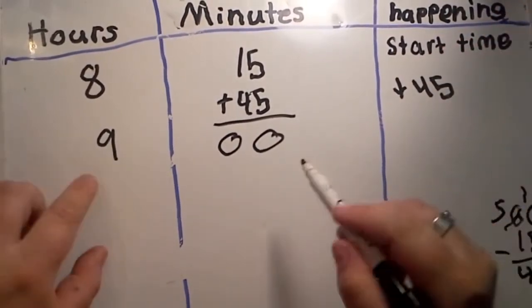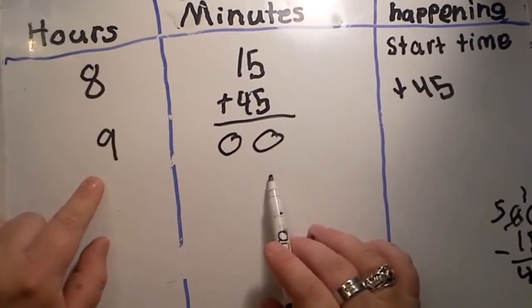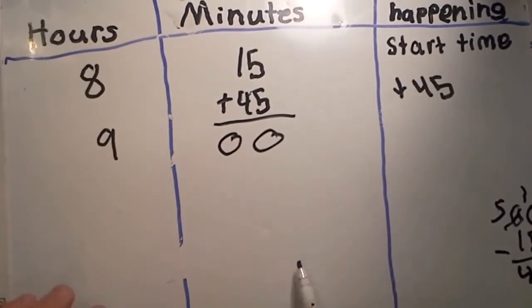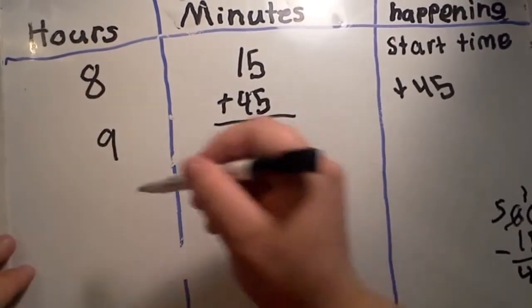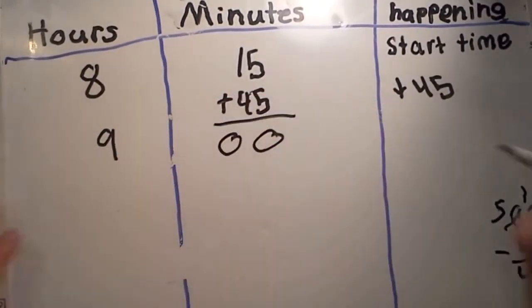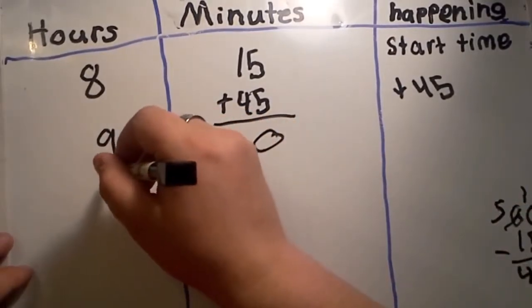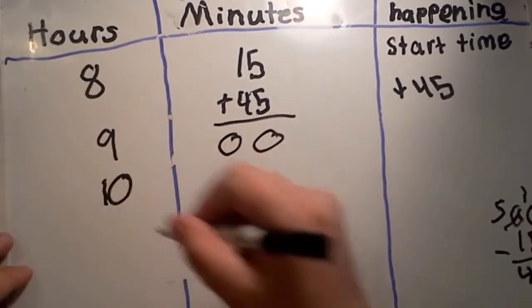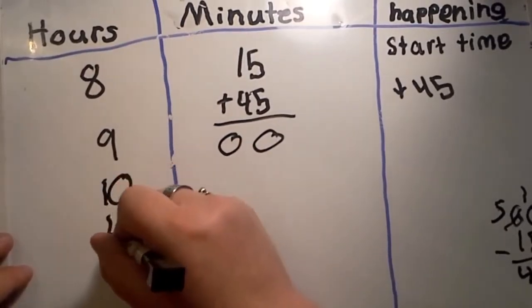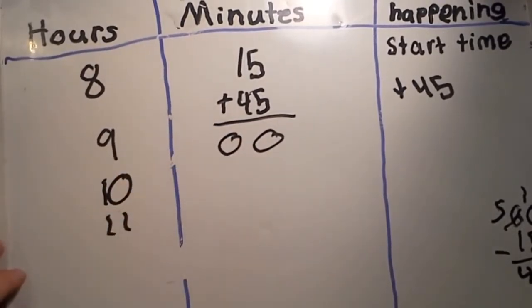Alright. The next thing we need to do is get to 12 p.m. Remember, that's our end time. So what I'm going to do is add an hour until we get to 12 p.m. So 1 hour would be 10 o'clock. Another hour would be 11 o'clock.